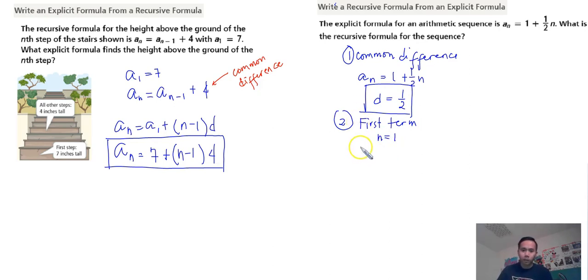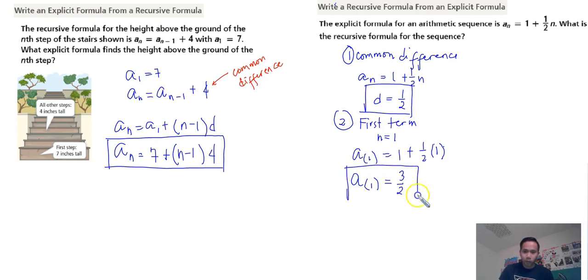So you just plug that in: a1 is equal to 1 plus 1/2 times 1. So your a1 will be 3/2. So this is your first term.